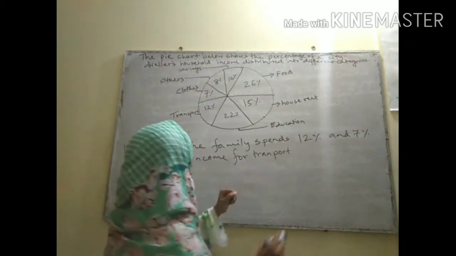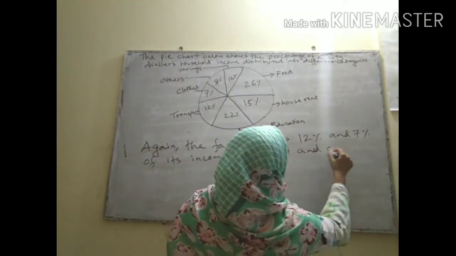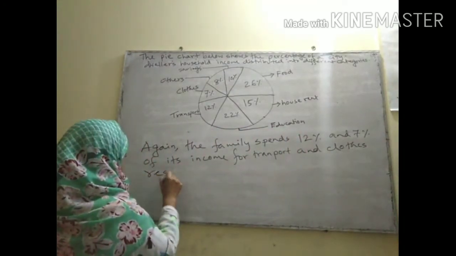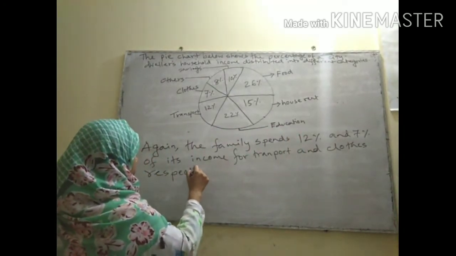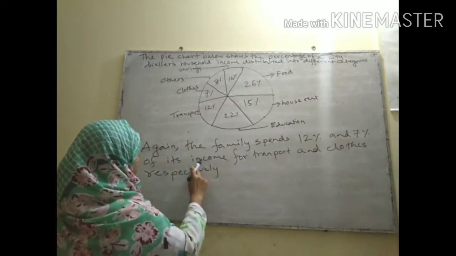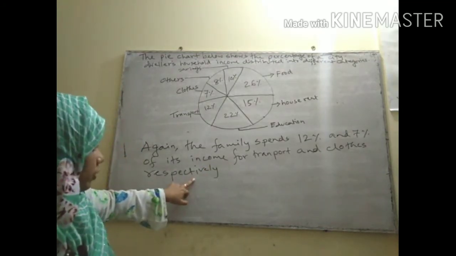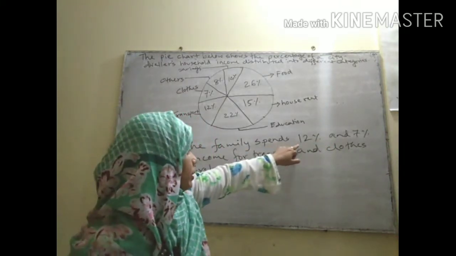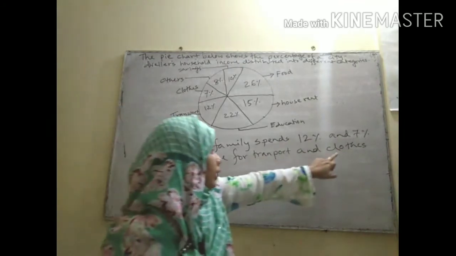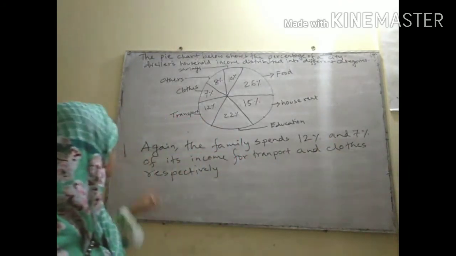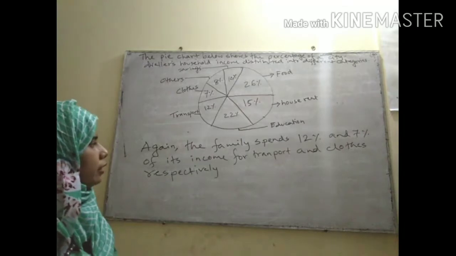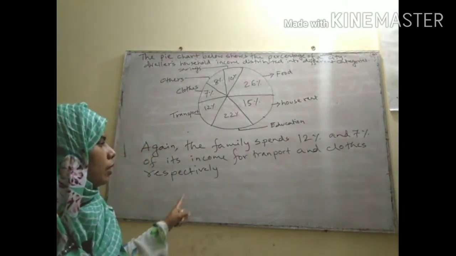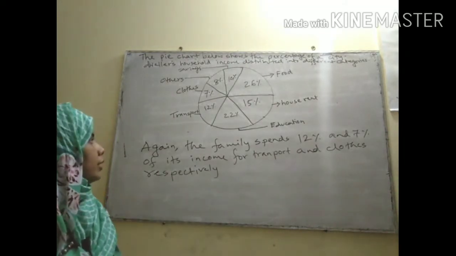Okay, income for transport and clothes respectively. We have used the word respectively because we have written it together. Okay, so 12% for transport and 7% for clothes. So the sentence is, again the family spends 12% and 7% of its income for transport and clothes respectively.